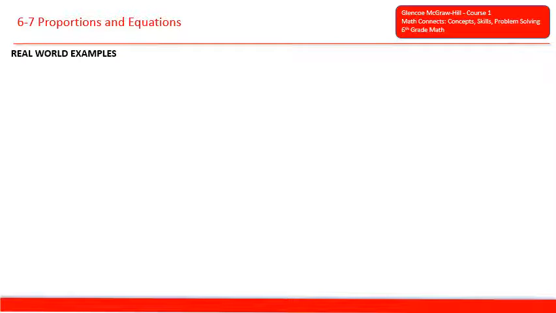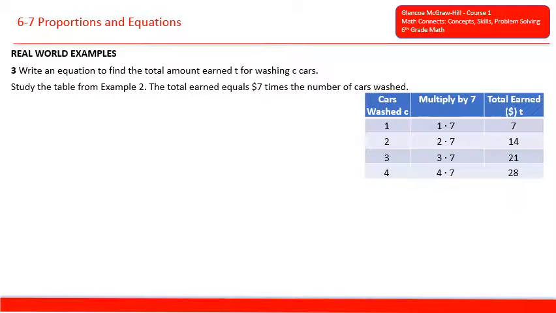Real world examples. Number 3, write an equation to find the total amount earned, T, for washing C cars. Study the table from example 2. Total earned equals $7 times the number of cars washed. This is a table from the previous slide. Words: total earned equals $7 times the number of cars washed.